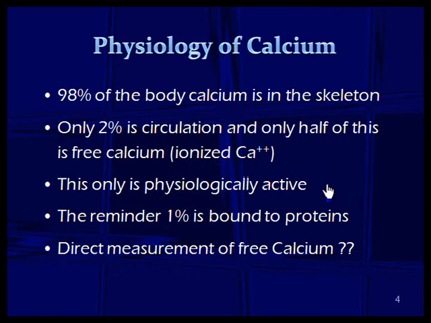This ionized calcium is the one which is physiologically active across the cell membranes, and the remainder is bound to the plasma proteins. Direct measurement of free calcium, though more accurate, is difficult to conduct, and also not available routinely in all the laboratories. As a result, we measure the total calcium and use it as a proxy for the free calcium.